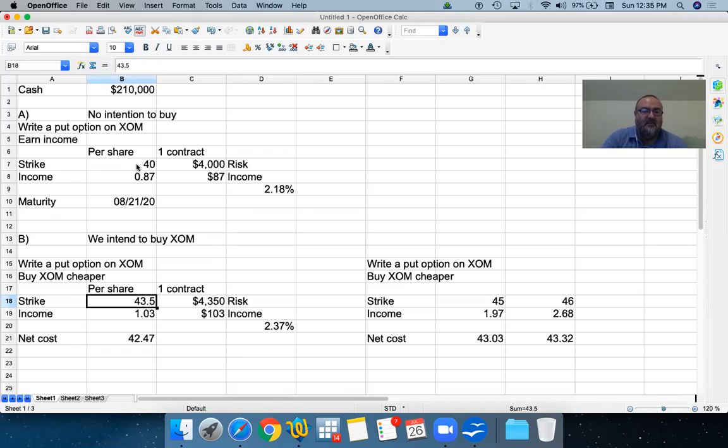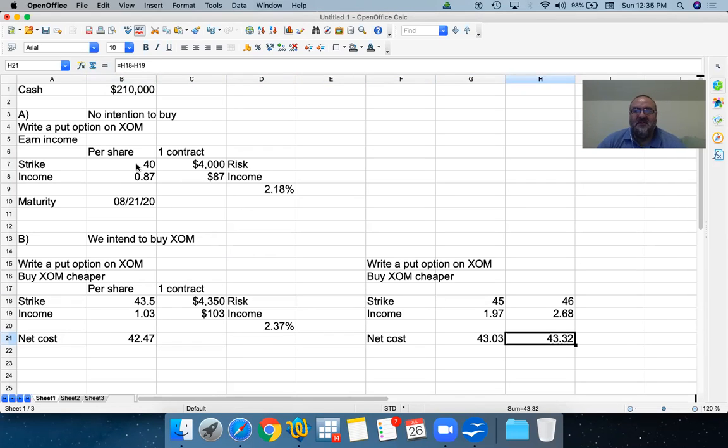Now, basically, the idea is to make this cheaper. So the closer you are to the current value, spot price, your premium will be lower, but your net cost will also be lower. But then if you start increasing your strike prices, then your net cost will go up, but still slightly lower than if you were to buy it outright.